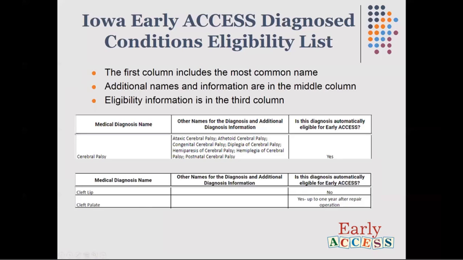In this example, additional information about eligibility for cleft palate is included in the third column. Cleft palate is automatically eligible for early access services up to 1 year after the repair operation. This means a child referred to early access diagnosed with cleft palate does not need a full evaluation. The team can move to assessment.